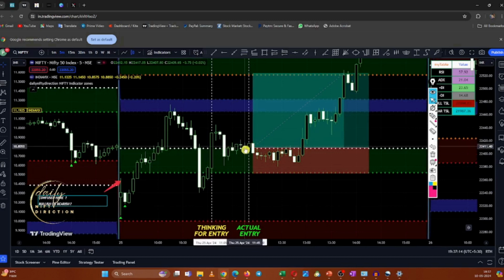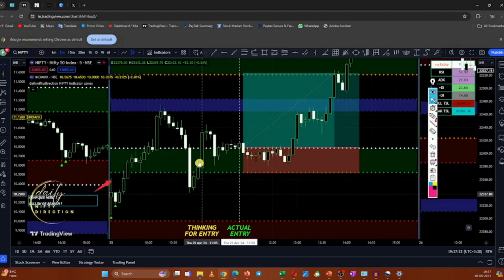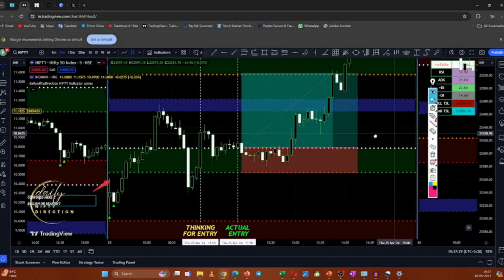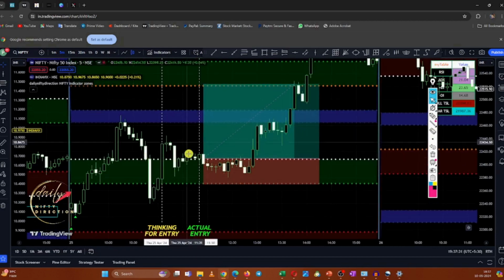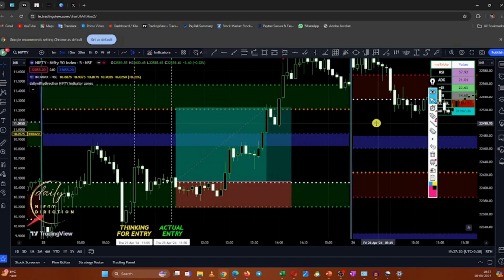At this particular candle you got confirmation that it will go up, so you took the entry. This way you can protect your stop loss from being triggered every time. This is the best way to protect your stop loss in intraday.